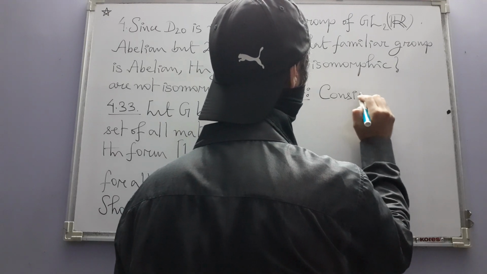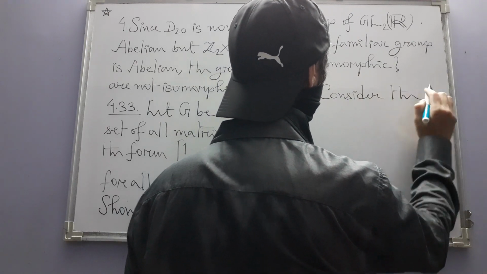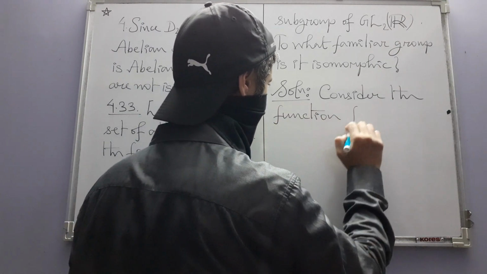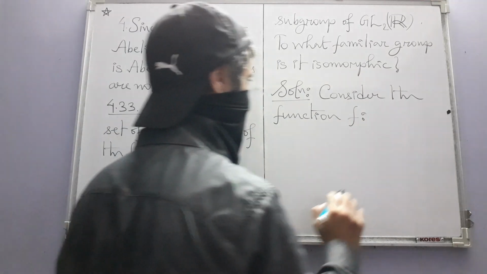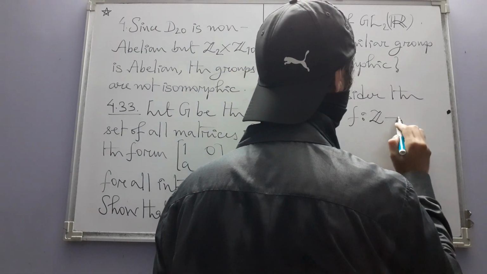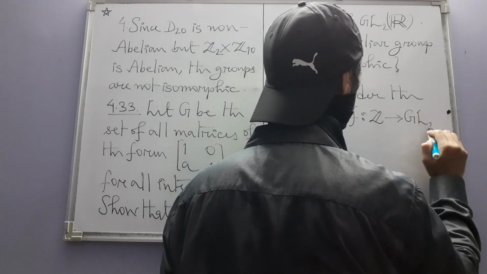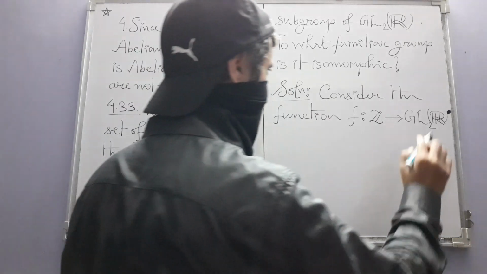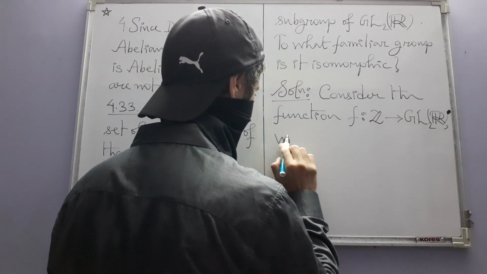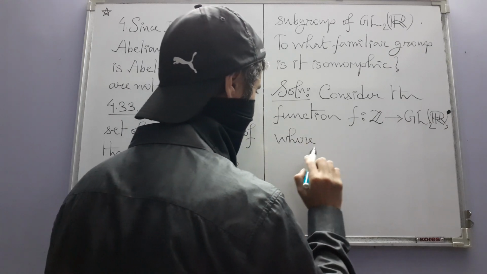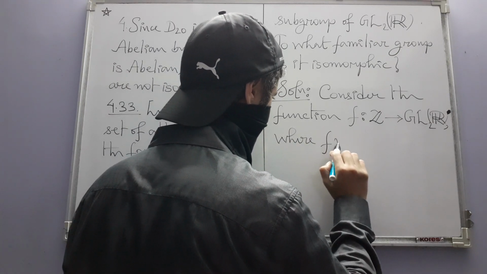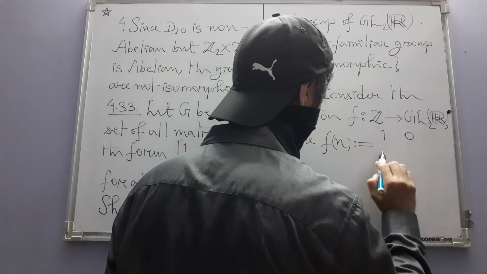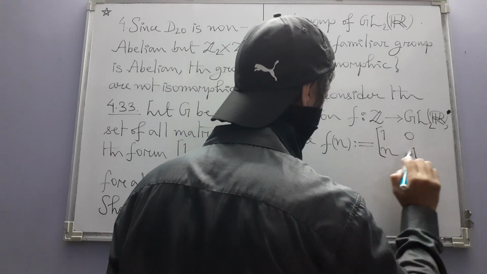Consider the function, say f, from the set of integers into the general linear group, where the definition of f is like this: f of n, for some integer n, is equal to this matrix.